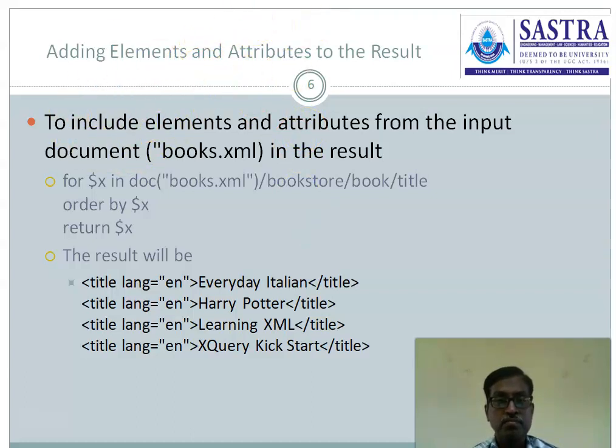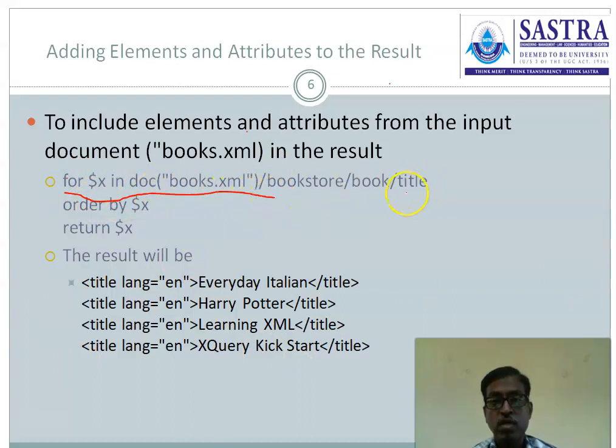See here, to include elements and attributes, we can make use of for $x in document books.xml, bookstore, book, title.